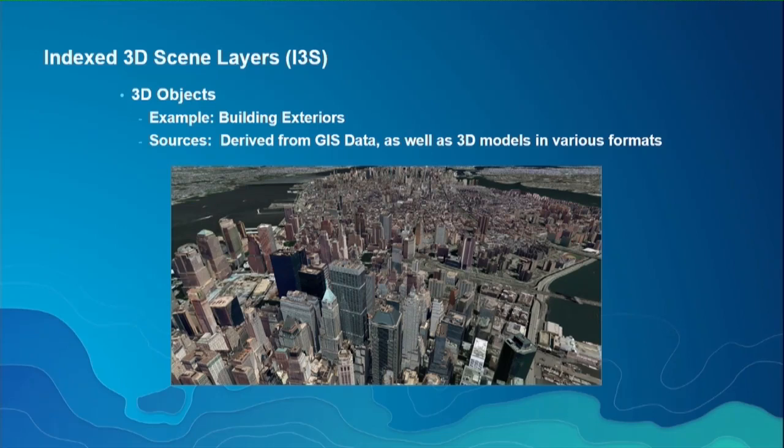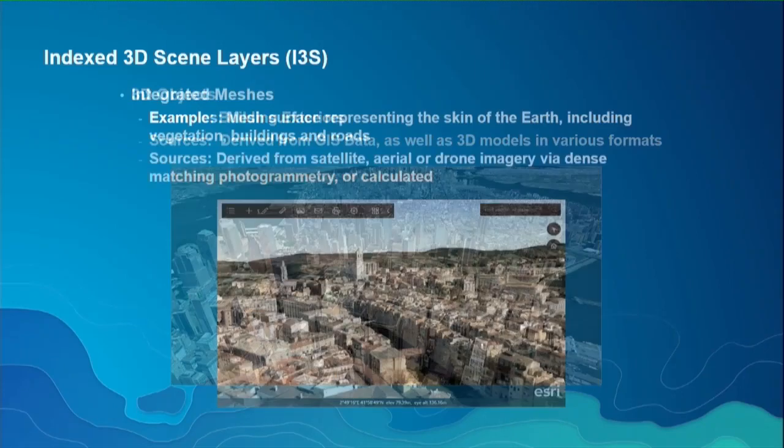We have tools within the ArcGIS system that allow you to import models that were created either by hand or by an automatic process into the ArcGIS format, and then our tools allow you to cook this multi-LOD, multi-resolution hierarchy format, which we call I3S, for sharing. So 3D object is the first layer type that we supported in I3S.